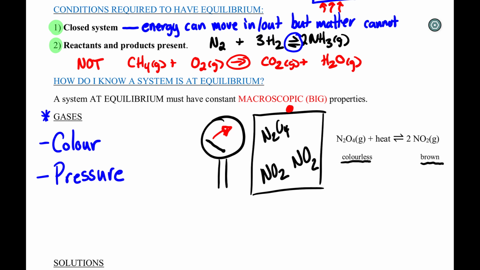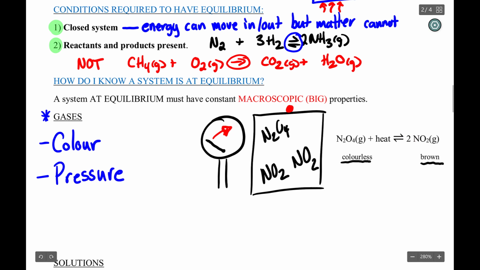However, if this reaction was going faster this way, I would be turning one particle of gas into two. And if I got two more particles of gas, then the pressure would go up. So if this reaction was happening faster forward than it was reverse, I would be making more particles. I know this because of the coefficient. I got two particles, and my pressure would start moving up.